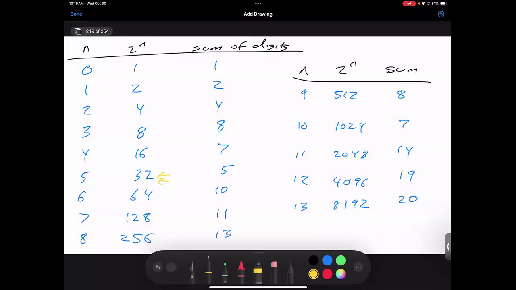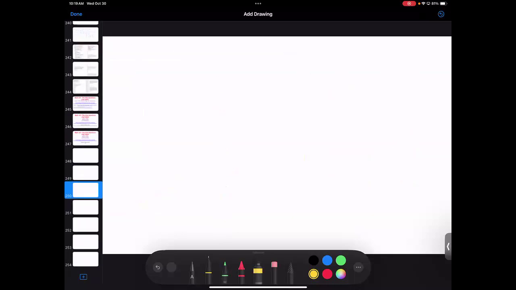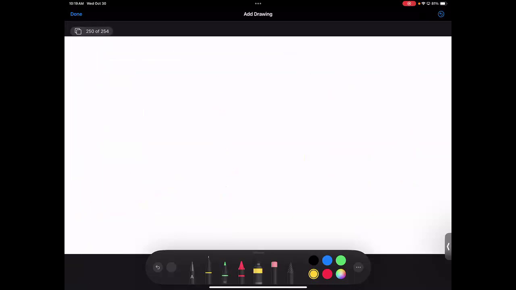If we knew something about how numbers combine, 2 to the 1,000, we could write that as 2 to the 100 to the 10. Can we somehow figure out what happens to your digit sums in something like this?